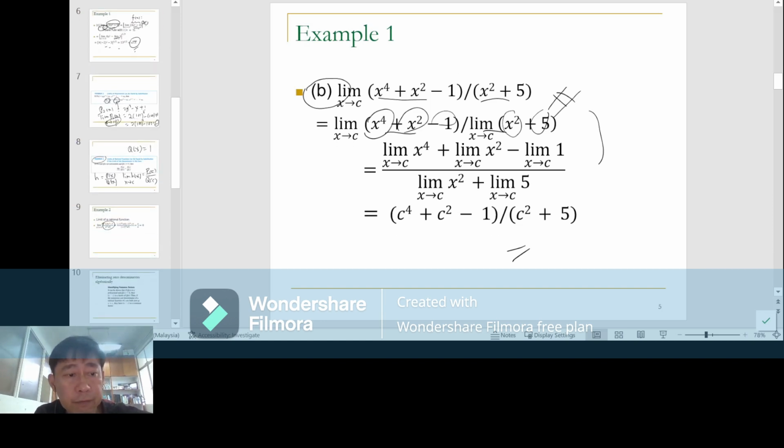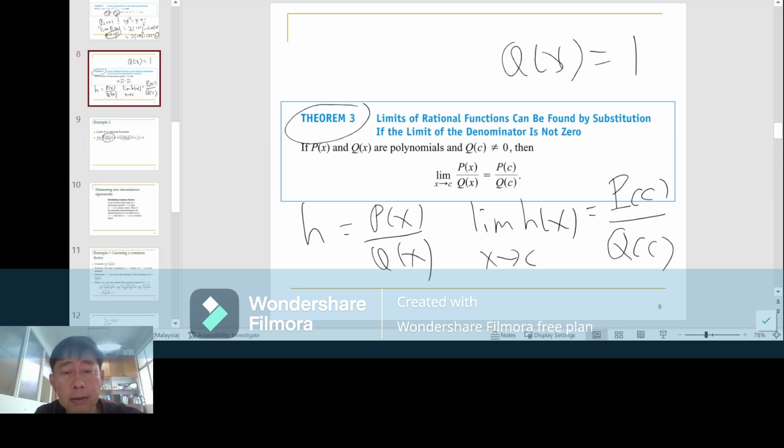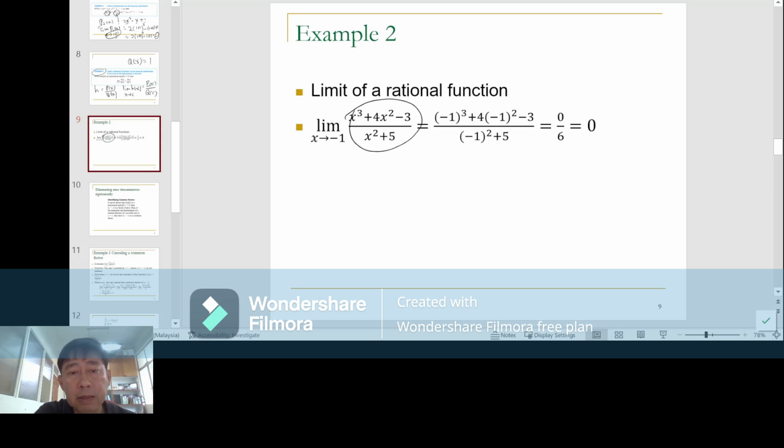However, with theorem number 3 introduced here, the value of the limit can be simply calculated by substituting the expression of x with the value of c in this polynomial. That will give you the limit of the function. So it's kind of handy, I would say.